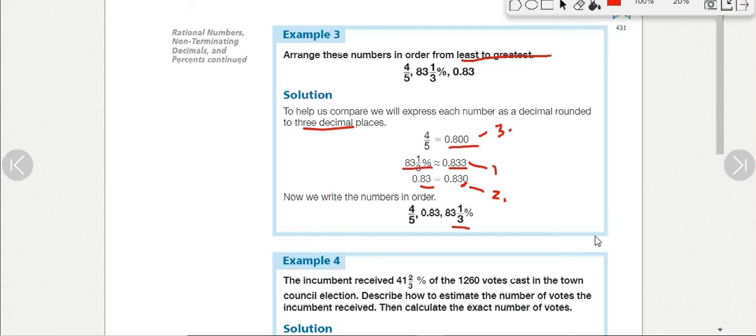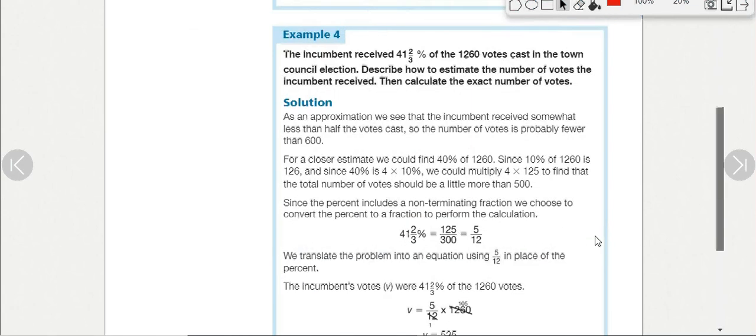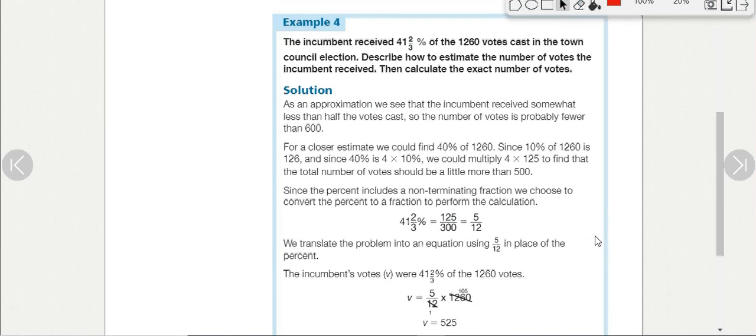If the person who had won the last election, which is the incumbent, received 41 2/3% of the total 1260 votes, how would we get a quick estimate of that, and how would we get a more exact number? Quick estimate would say this is closest to what very basic fraction.